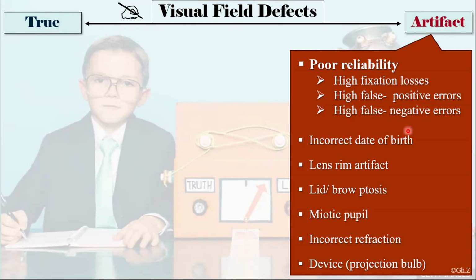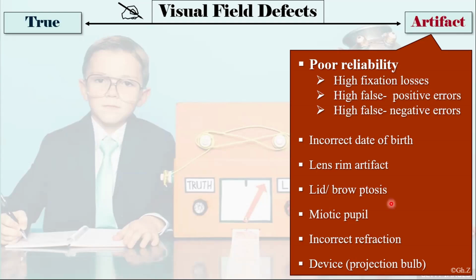The terminology is slightly different in Octopus, so it's worth becoming familiar with the corresponding terms. Other causes of artifacts include incorrect entry of the patient's date of birth, incorrect refraction, lens rim artifact, and lid or brow ptosis.